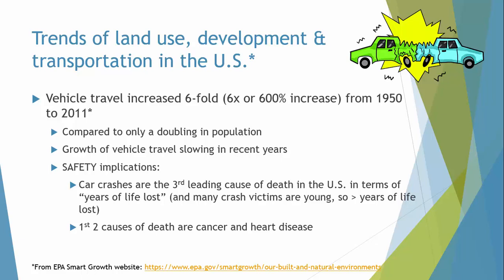So if you look at that, we're traveling 6 times as many miles. However, our population has only doubled in that time. So on average, each person is traveling 3 times as far as the person did in 1950. That is starting to taper off in recent years. The rate of growth has tapered off, so it's starting to level off.